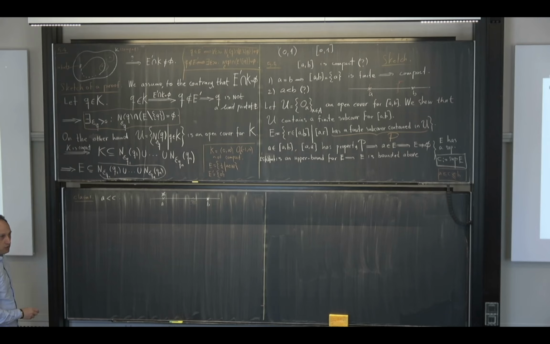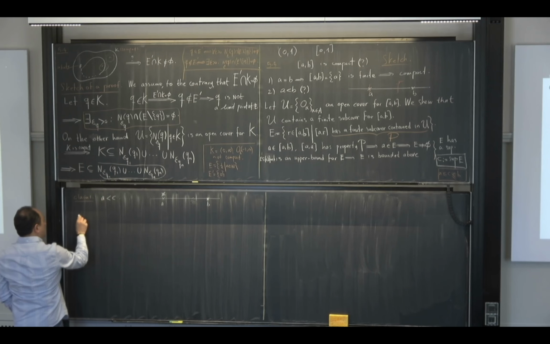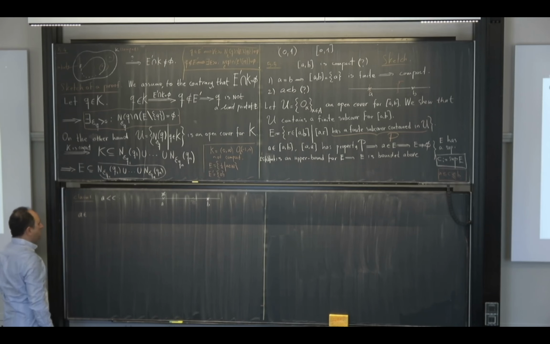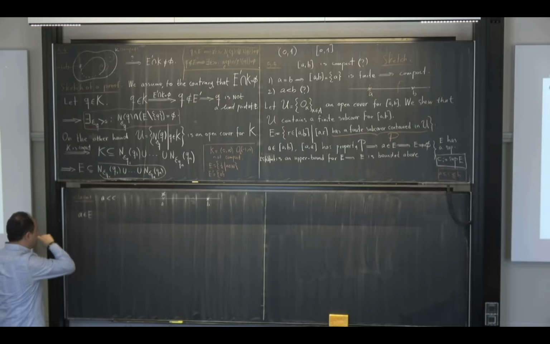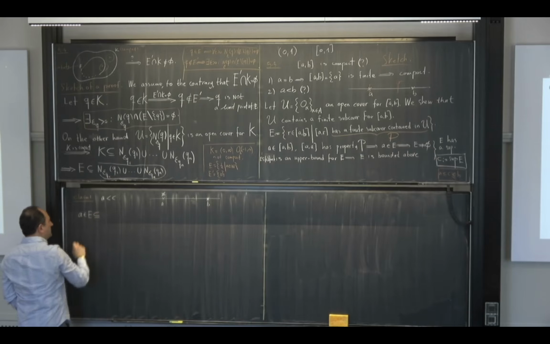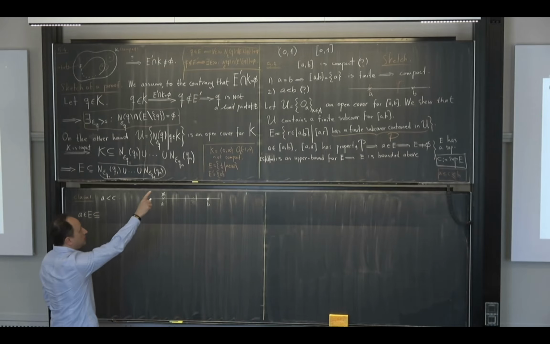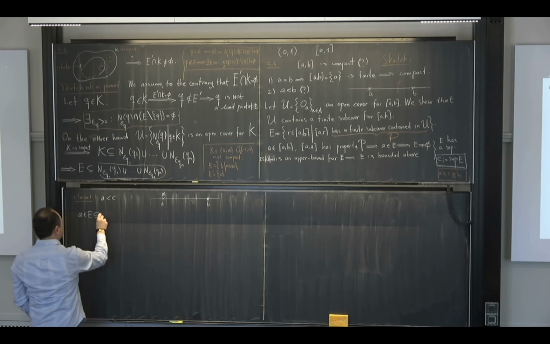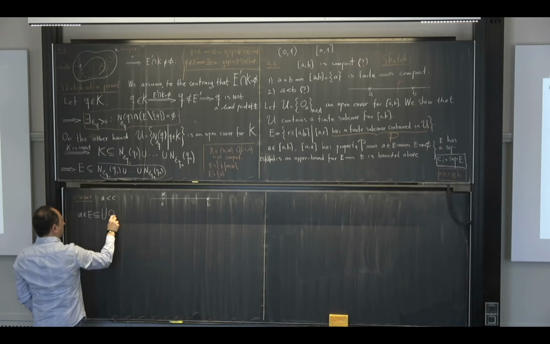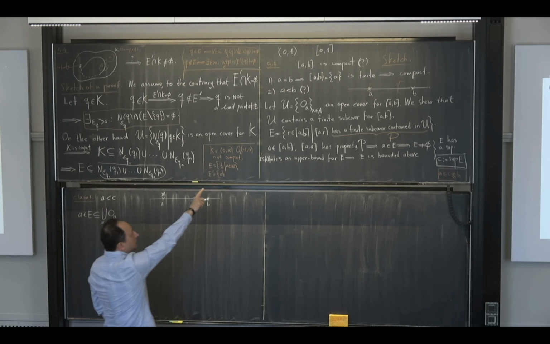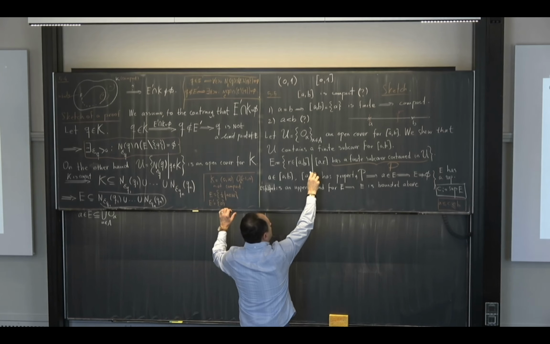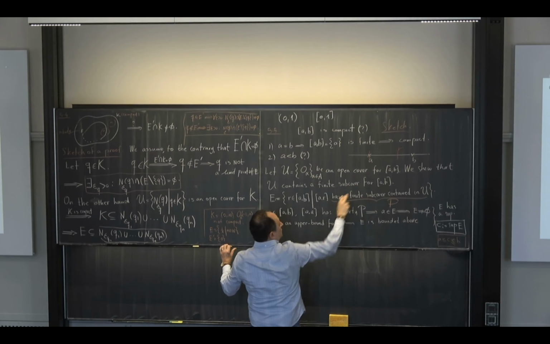Okay, so how should we prove this? I would say that A belongs to E, and E is covered by U. Do you remember U? Let U be an open cover.